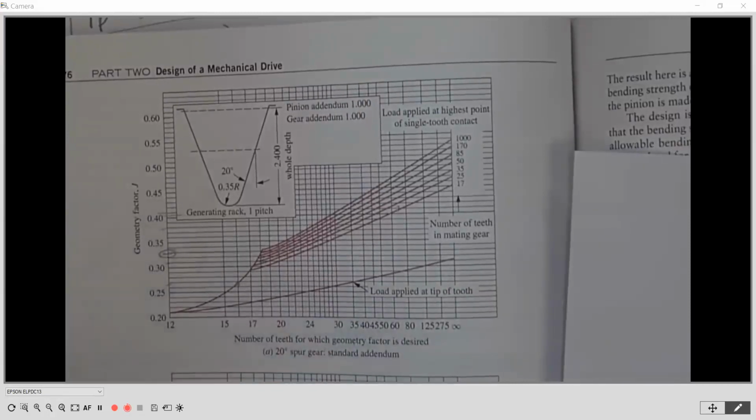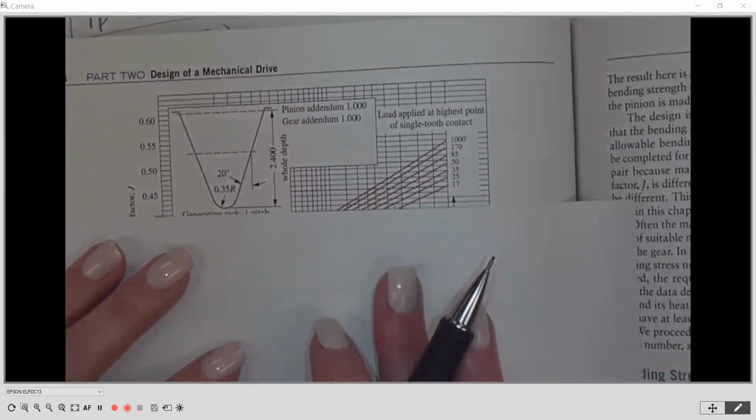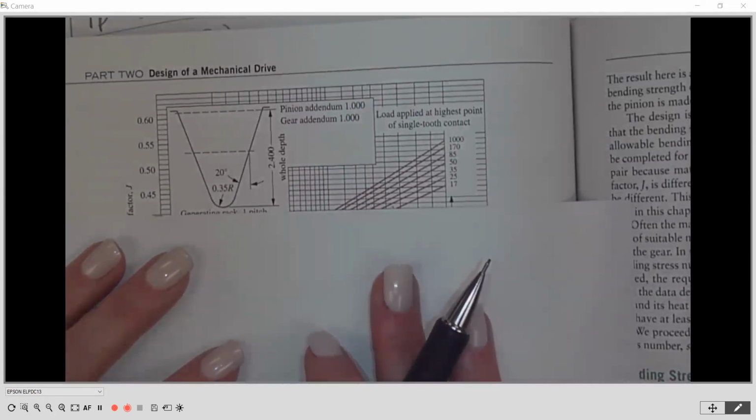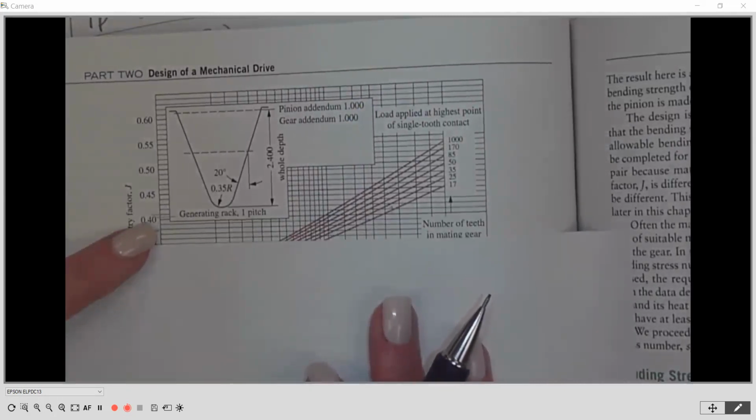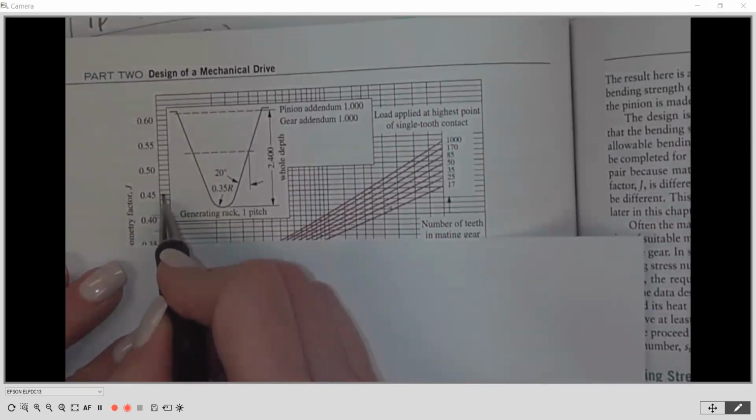I'm at that next line, 0.41. Do you see that? So you're going to come over right here. I'm right there. So 0.4, and then I'm at the very next one, 0.41, because it would be 0.41, 0.42, 0.43, 0.44, 0.45.